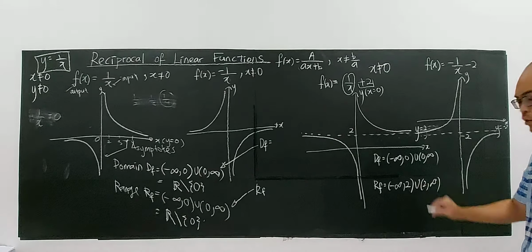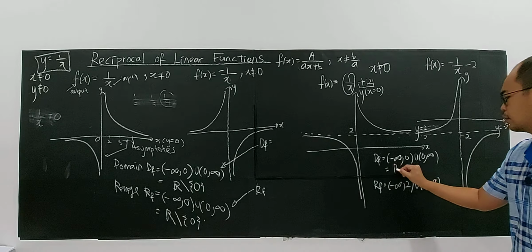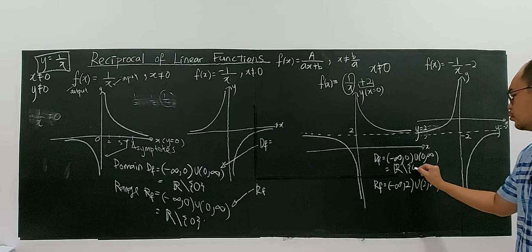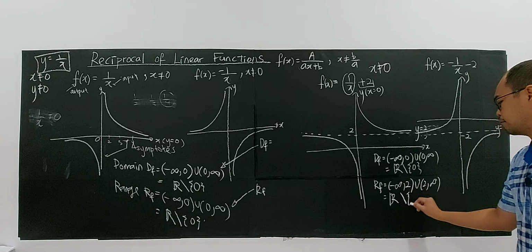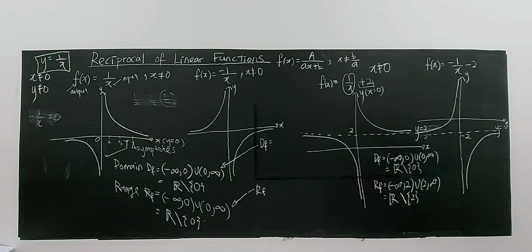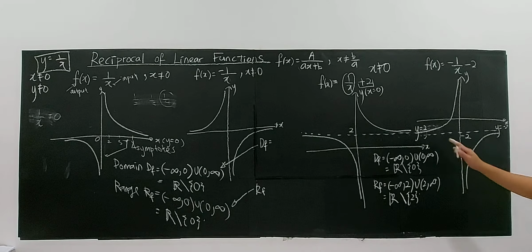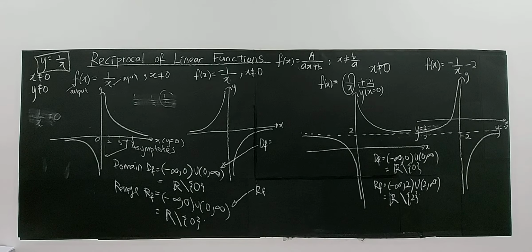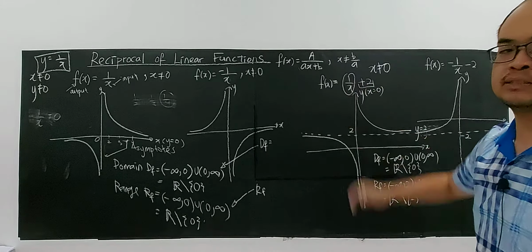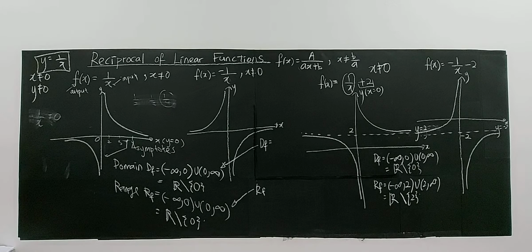It means I don't want the 2. Or you can write all the real numbers except 2. This is how I read the domain and range from a reciprocal function. I'm going to go for another video which is slightly different from this reciprocal function. Alright, so see you.